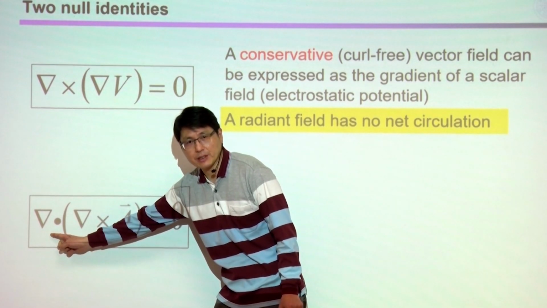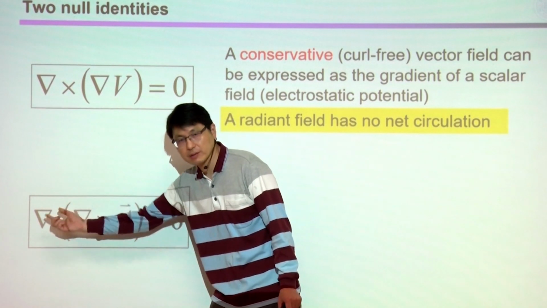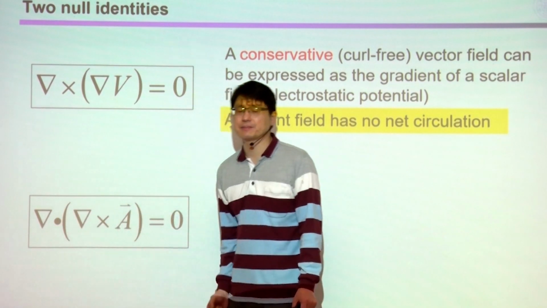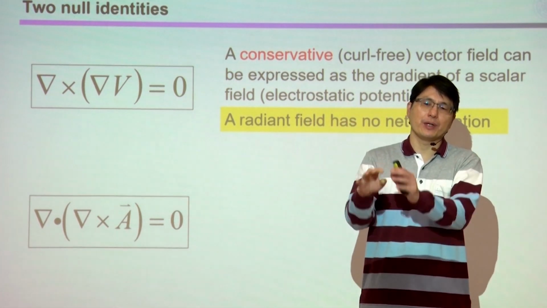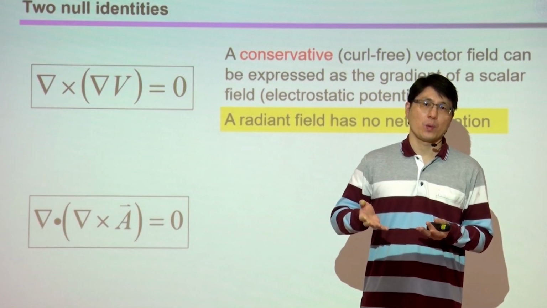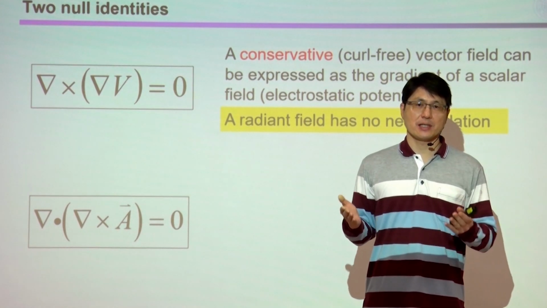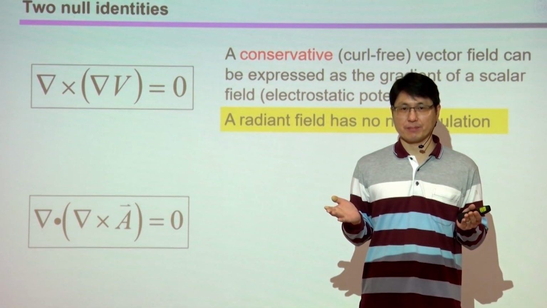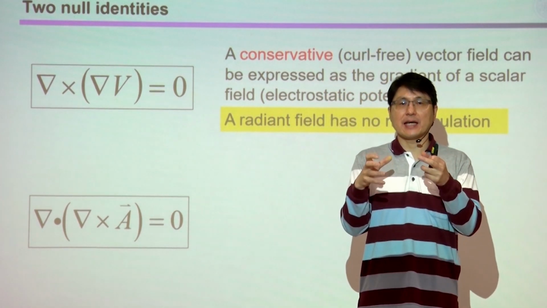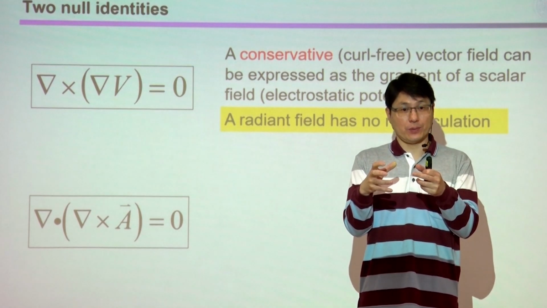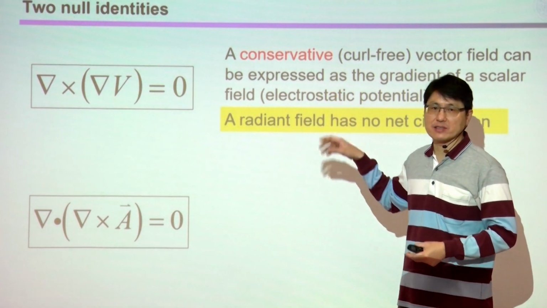What is the physical meaning of divergence? Curl of A is a vector field, so you can apply divergence on it. So if you have a vector field and you try to evaluate its divergence, what does it mean? Divergence, again, is trying to measure the net outward flux within a small volume, right? Like the flow of water, the magic water faucet that I showed you.